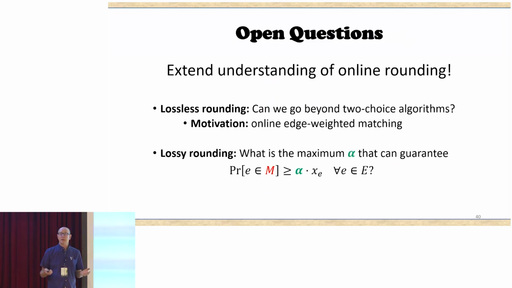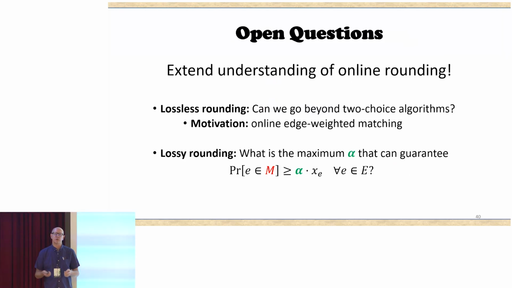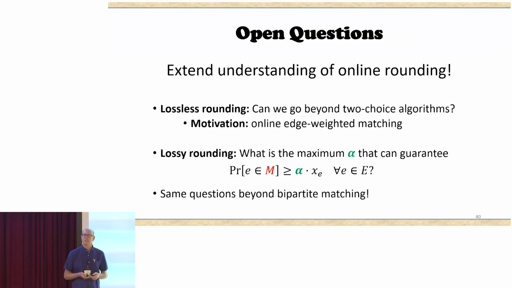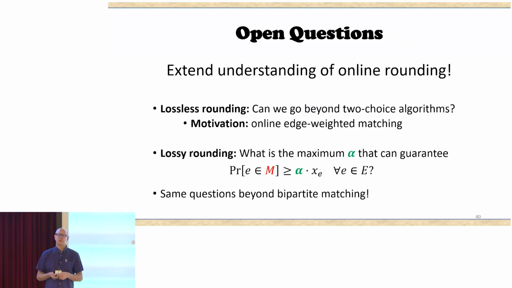For lossy rounding, well, we got better than 1 minus 1 over e, but still the gap between the bound that we have and the hardness bound of 0.8828 is still large, and we'd like to solve this gap. And of course, go beyond bipartite matching. So I'll stop at this point and happy to answer questions.